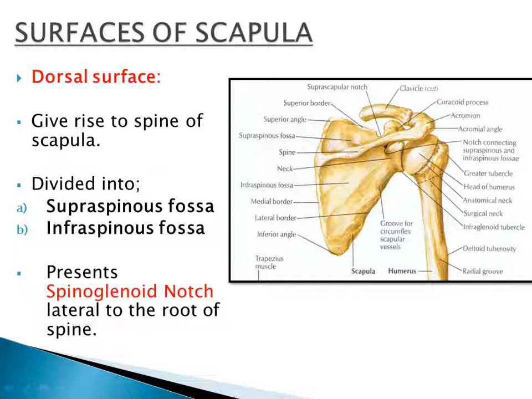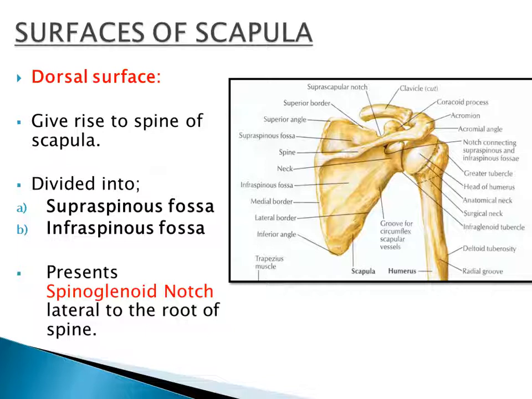These two fossae are connected on the lateral side by a notch which is called the spinoglenoid notch. This notch is present lateral to the root of the spine. Root means the attachment point of the spine.